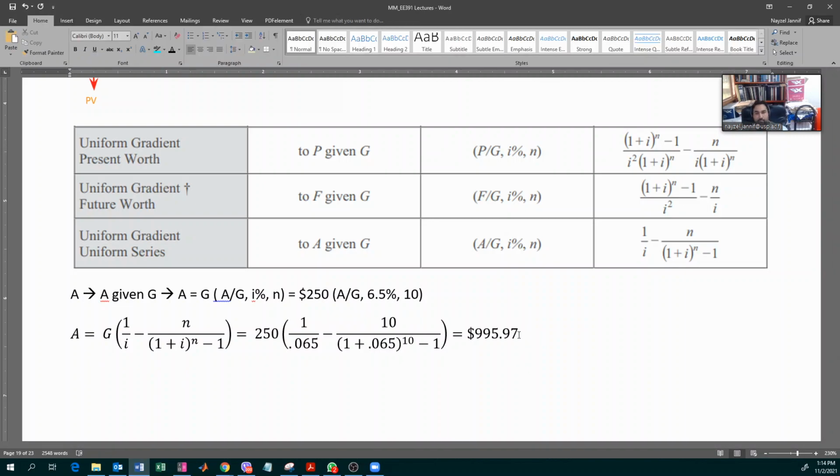All right. Now that we have got A given G, now that we have A, we can then convert the A into P. So what formula would we use, guys, in order to find P in this case?